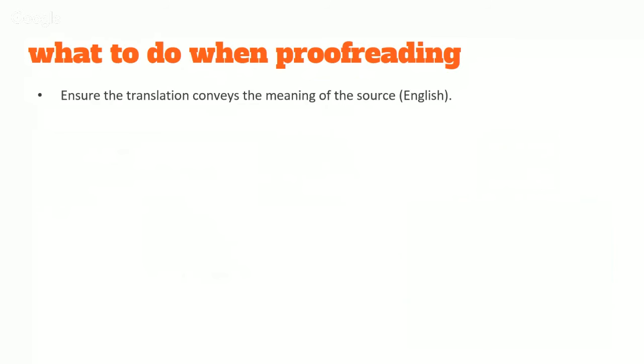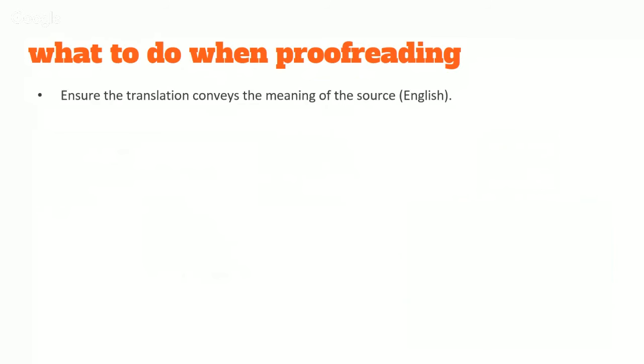And so that's an example of what I'm talking about, of simple things. As a proofreader, you're coming at it from a high level and looking for the meaning of the English so that you can make sure that the target reflects that.